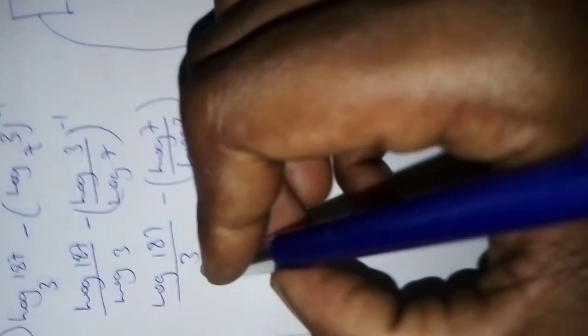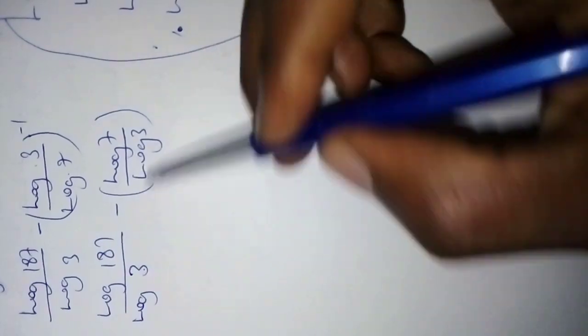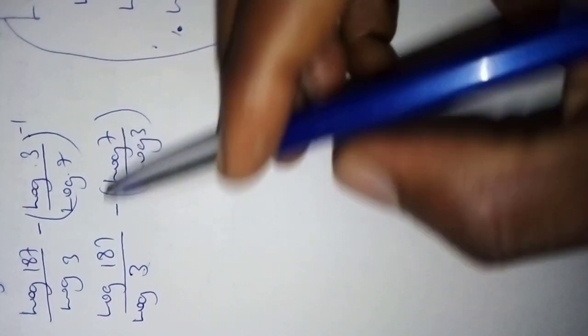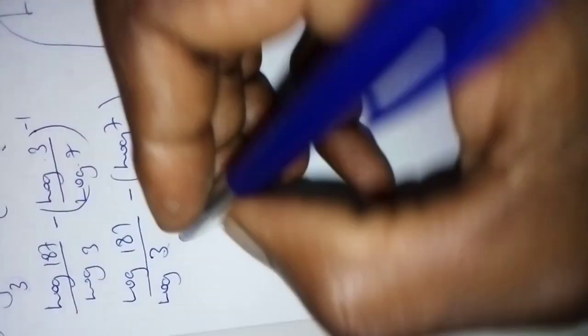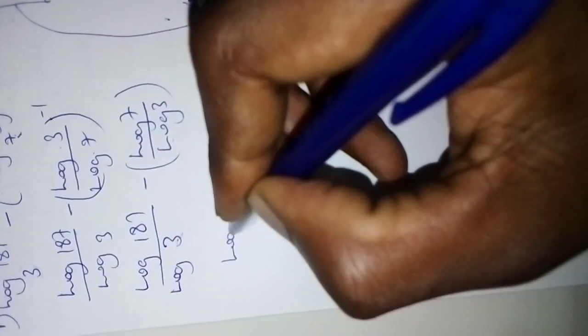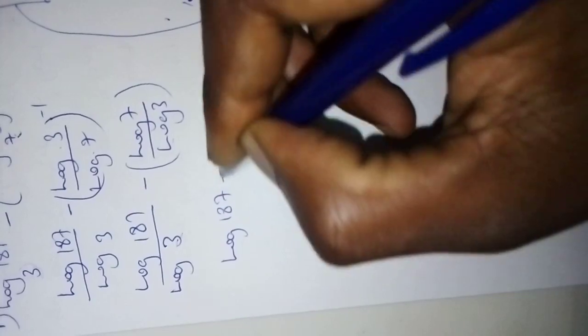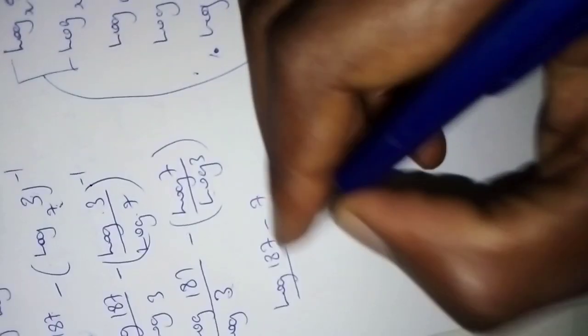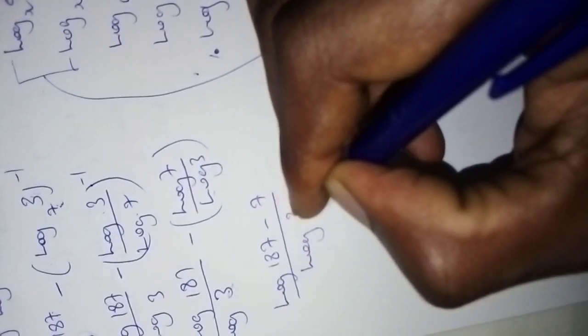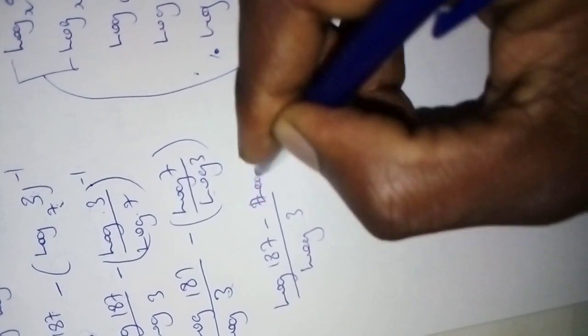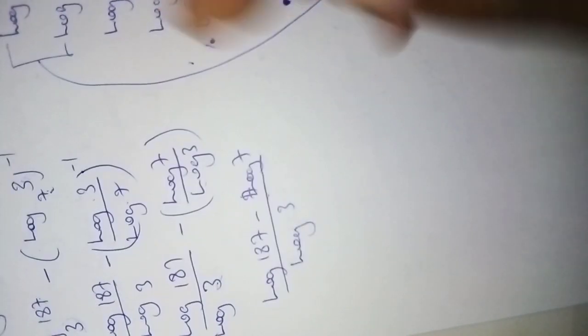Now from here the denominators are the same. Therefore, we have a lowest common denominator of log 3. So we have log 187 minus 7 divided by log 3, right?